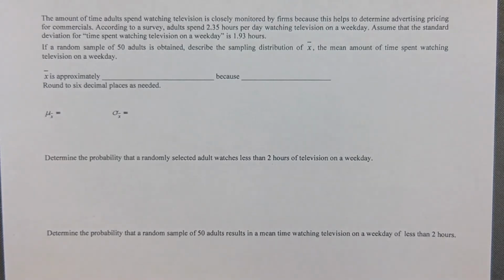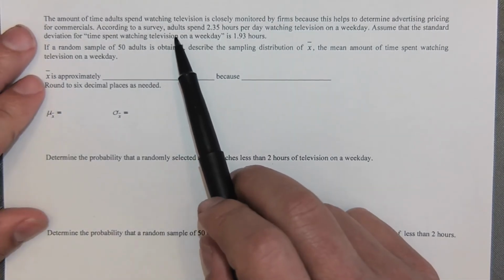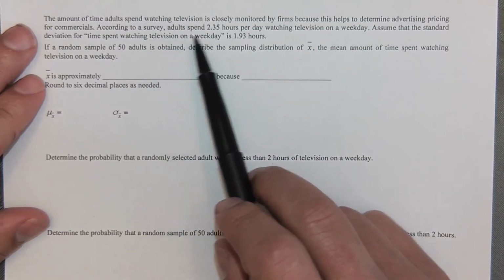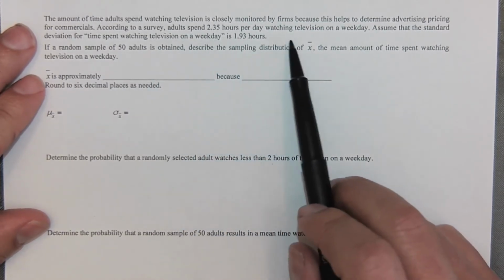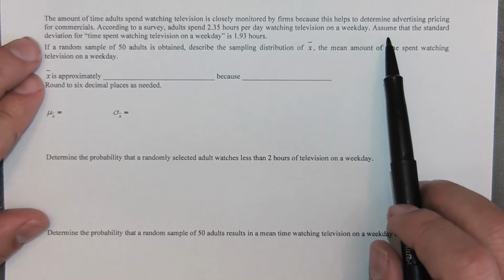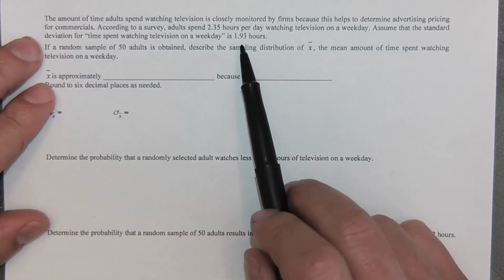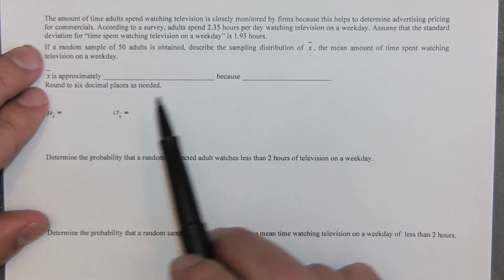The amount of time adults spend watching television is closely monitored by firms because it helps to determine advertising pricing for commercials. According to a survey, adults spend 2.35 hours per day watching television on a weekday. Assume that the standard deviation for this on a weekday is 1.93 hours.